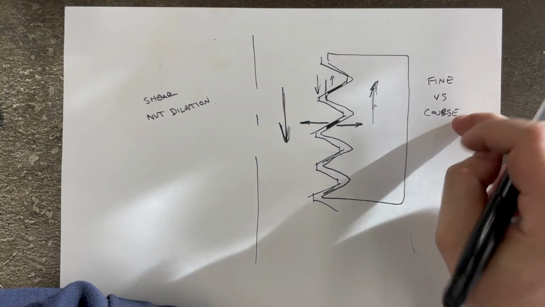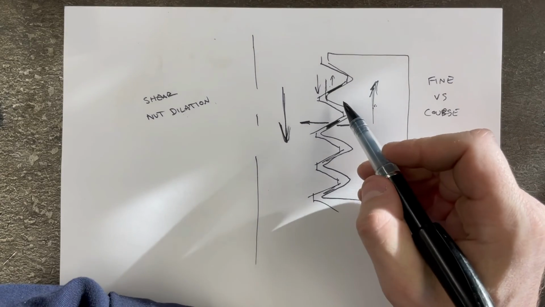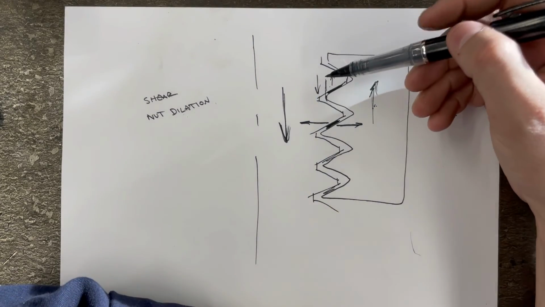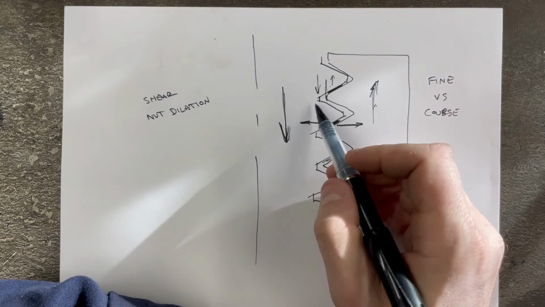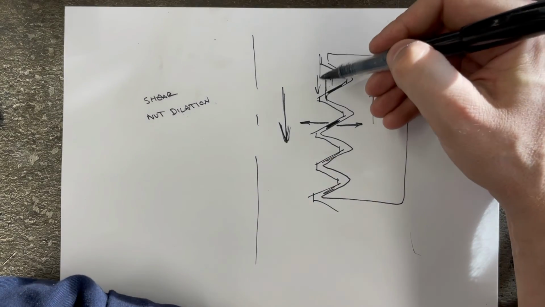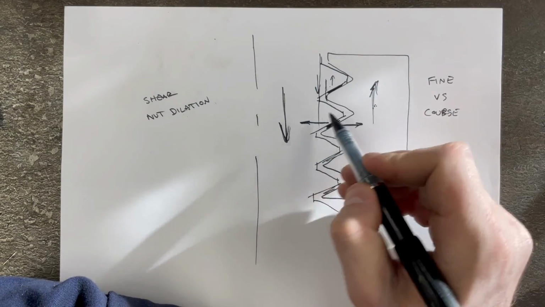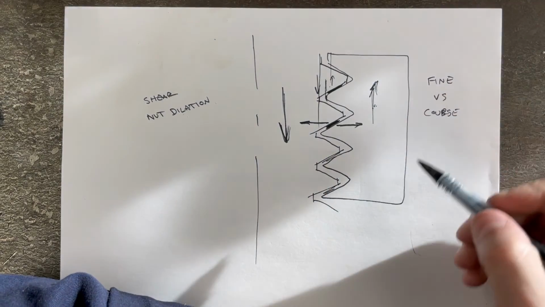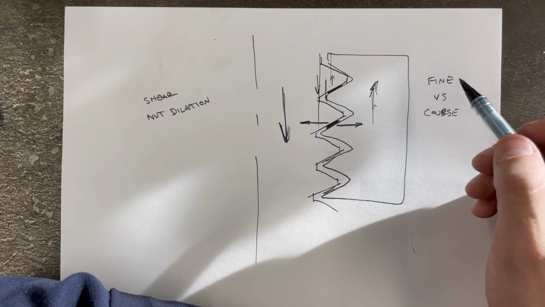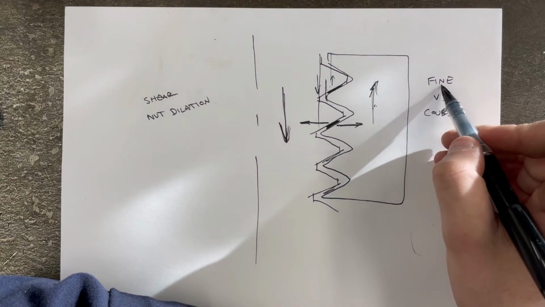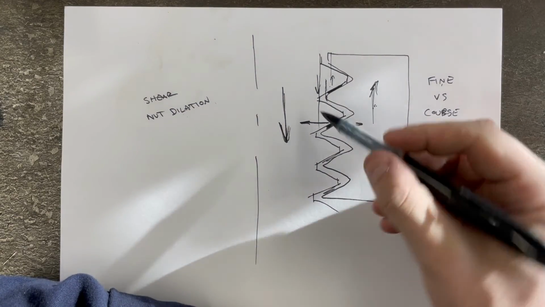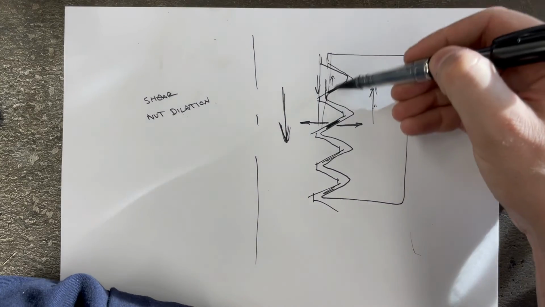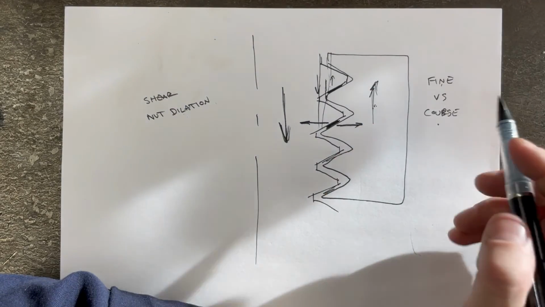Now, going back to the fine versus coarse thing, when you have a coarse thread, you actually end up with a smaller minor diameter. So the minor diameter of the threads on a coarse thread is actually smaller. If these were fine threads, the minor diameter is going to be larger. So the tensile strength, technically, of a fine thread is larger than a coarse thread because the root diameter, or the minor diameter, has more surface area.